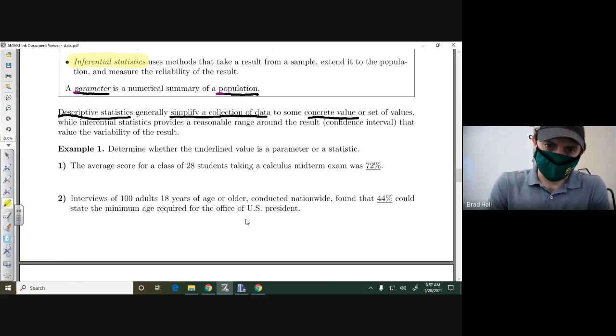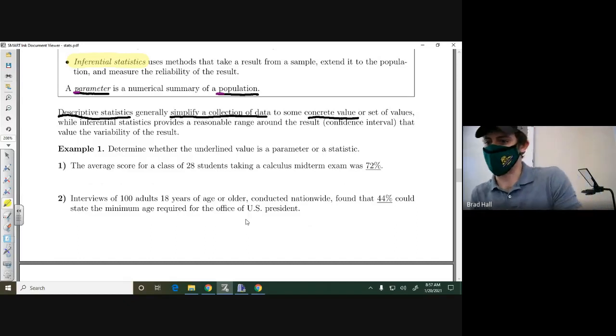Let's look at number 1. The average score for a class of 28 students taking a calculus midterm was 72%. Parameter or statistic? Does that number represent the population or just a sample of the population?